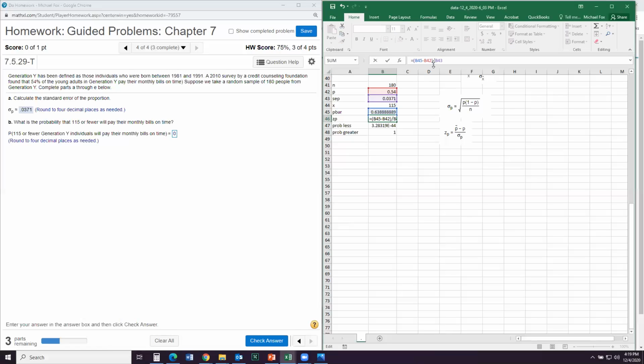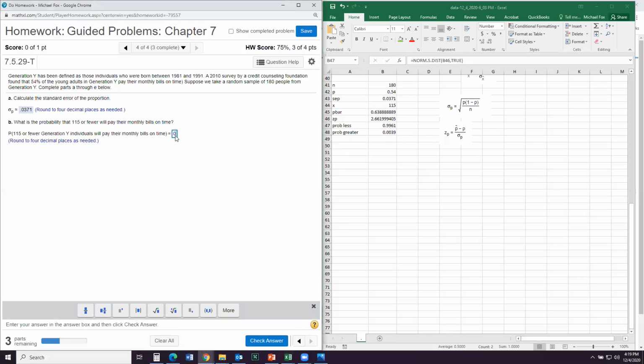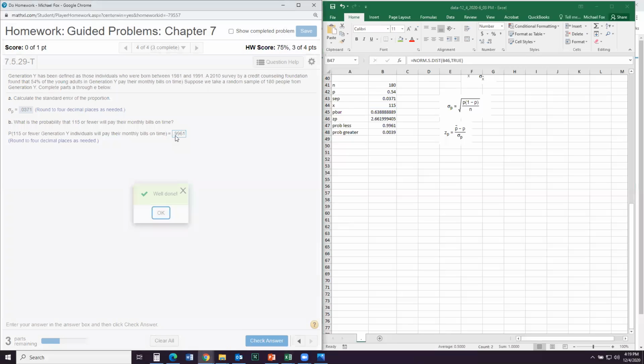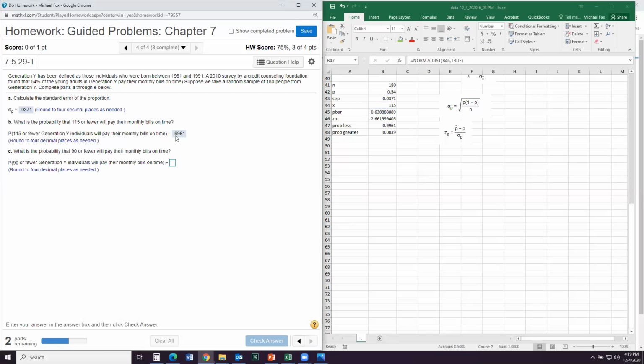So what we wanted to do is do that subtraction first and then divide. There we go. So now we see the probability that's less than is much different. So 0.9961. All right, that's better.